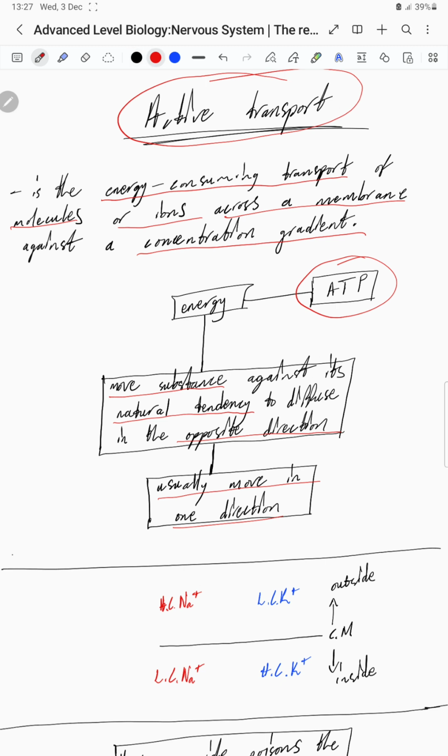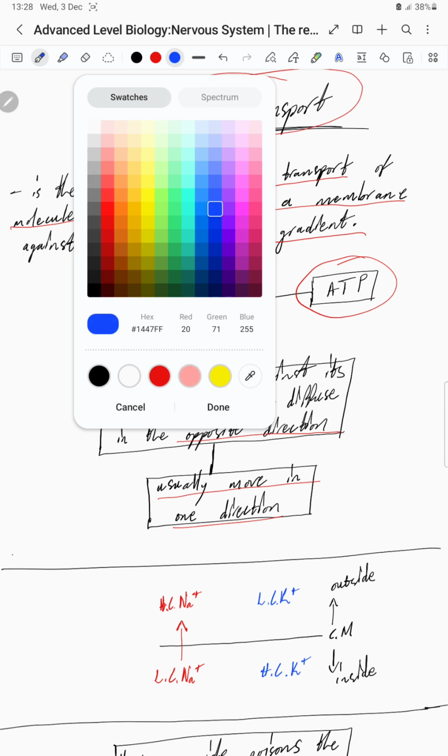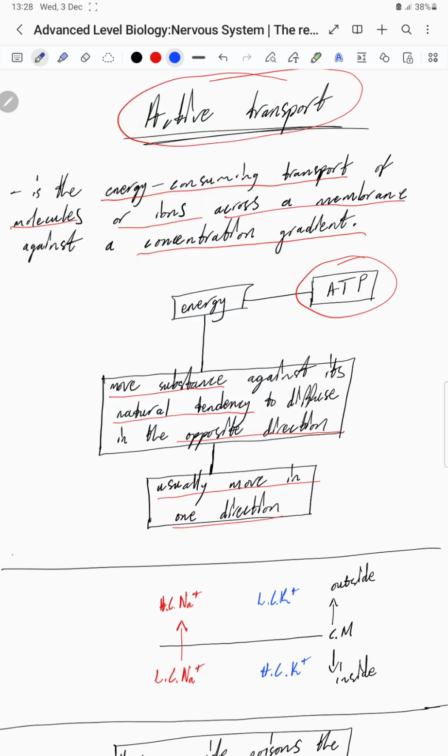So we are saying active transport uses energy to move these sodium ions from their areas of low concentration to their areas of high concentration, and it also uses these pumps, the sodium pumps and the potassium pumps, to move sodium from its low concentration outside the cell to high concentration inside the cell.